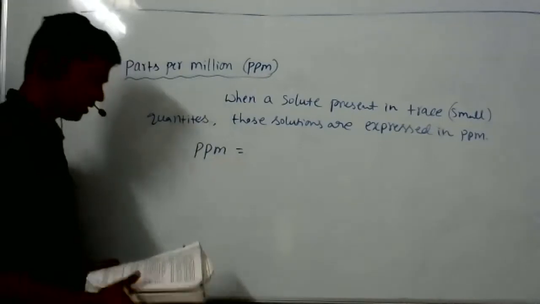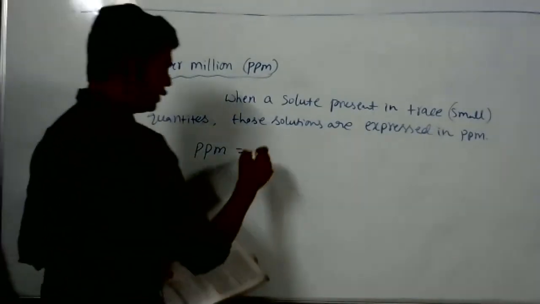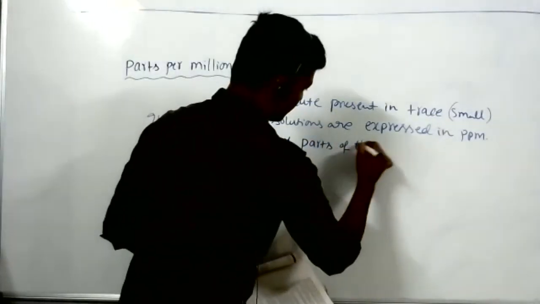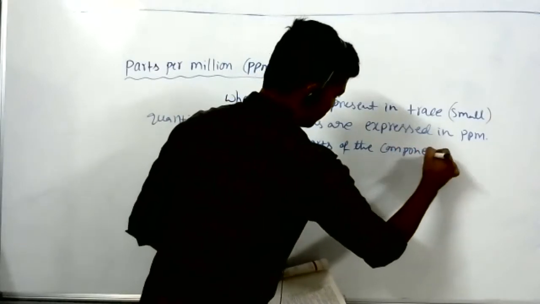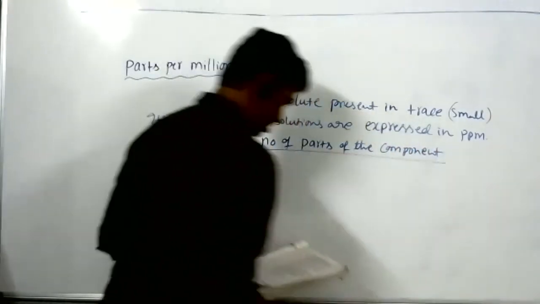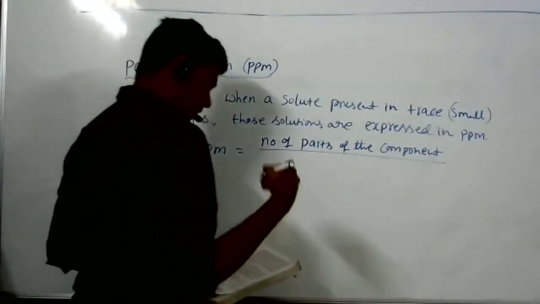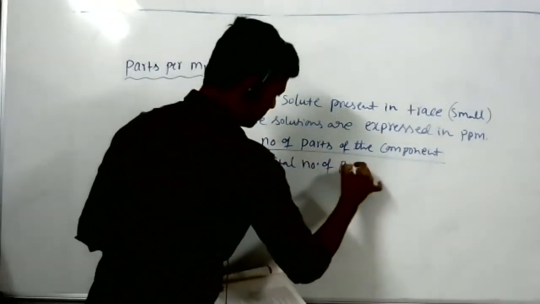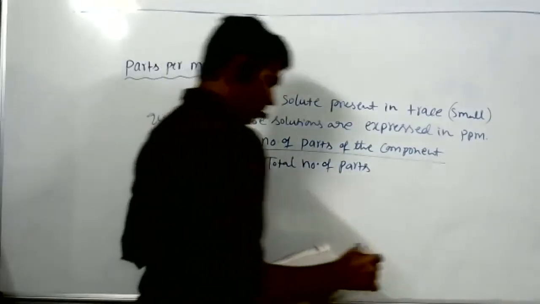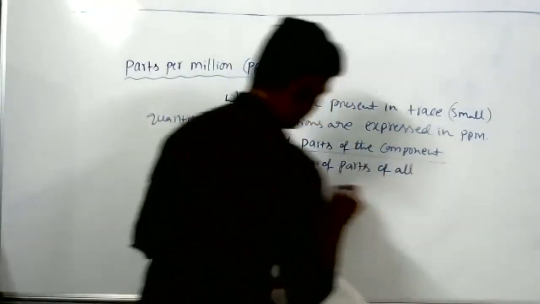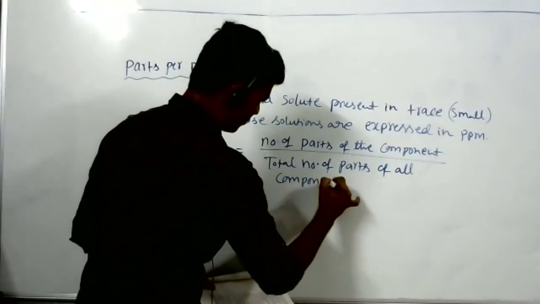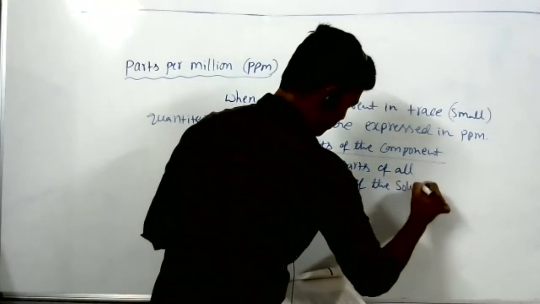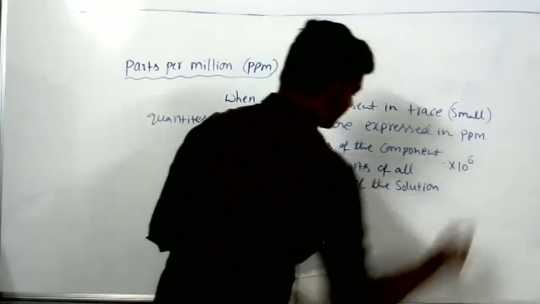ppm is equal to the number of parts of the component divided by the total number of parts of all the components of the solution, into 10 power 6.